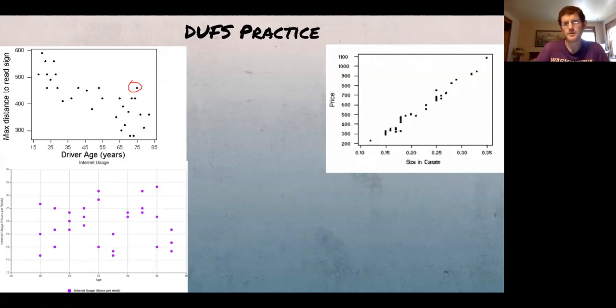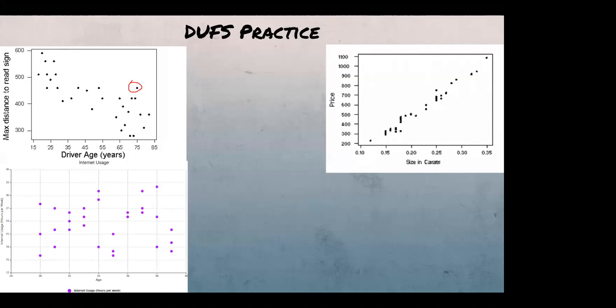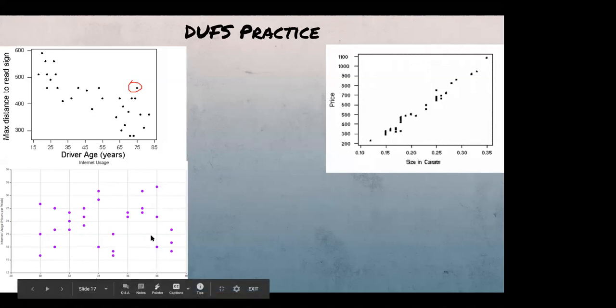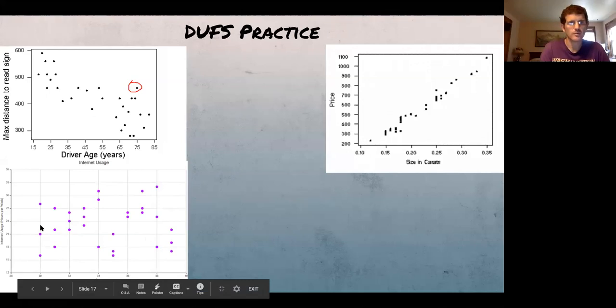Someone different. Tell me how you would describe the scatter plot. I would say no direction, and I don't know if we can tell really if there's any outliers. Non-linear and weak. Okay, so yeah, the simple thing with something like this is that when there is basically no association, and this is comparing age to internet usage in hours per week.